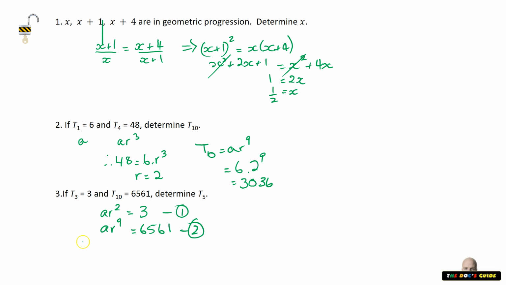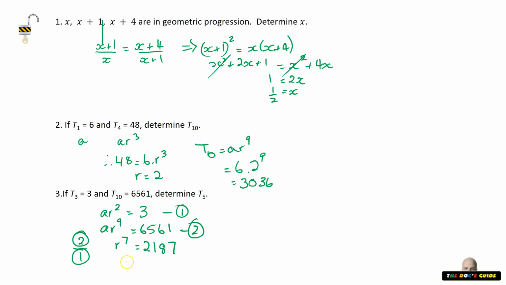If we take equation 2 and divide that by equation 1, the a's will cancel out. We'll have r to the 9th divided by r squared, which will give us r to the 7.